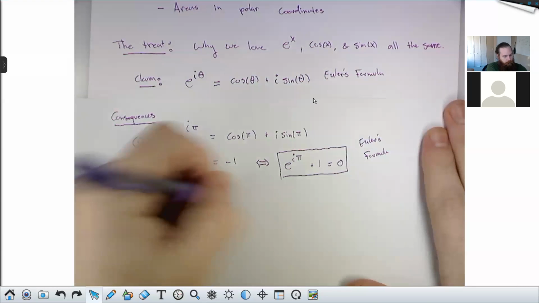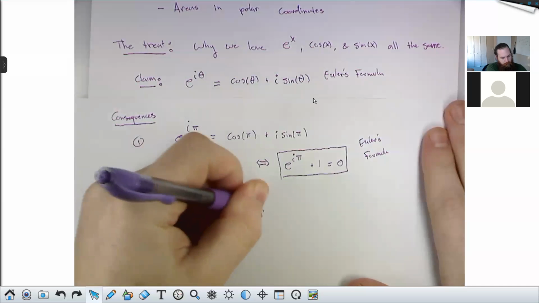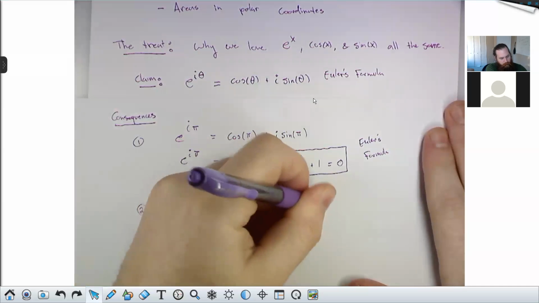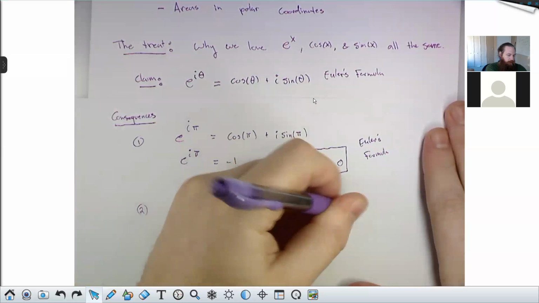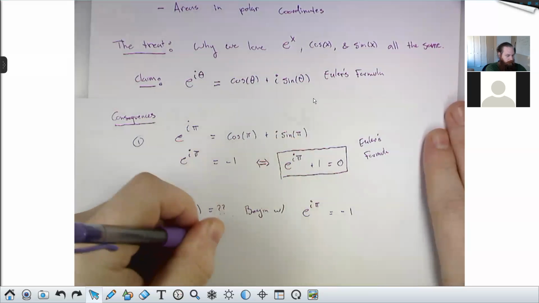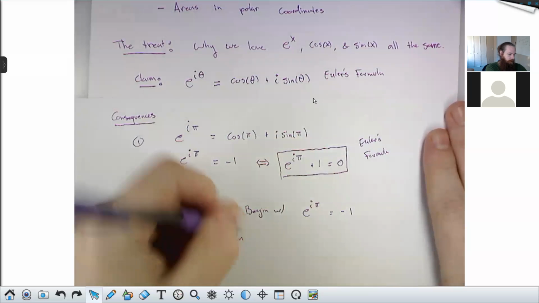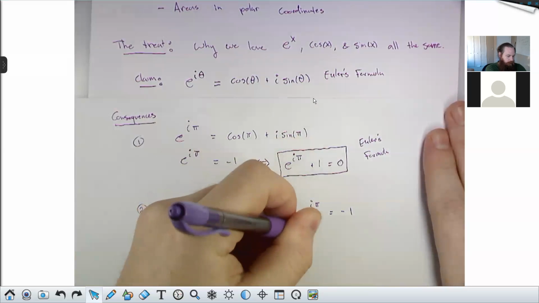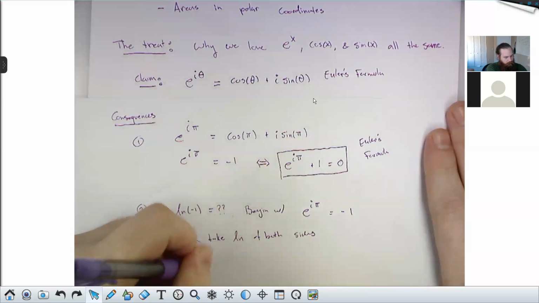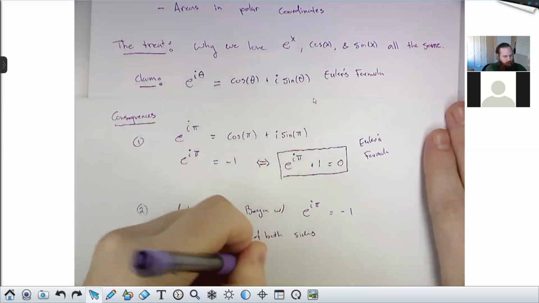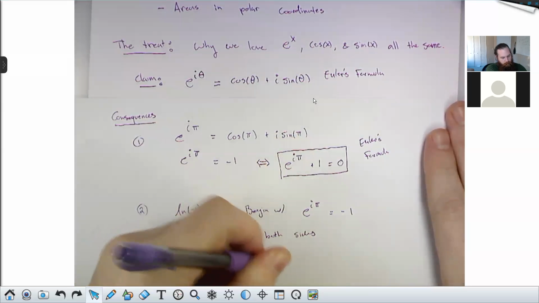Begin with e to the i pi equals -1 and take natural logs. Then you'll get the ln of e to the i pi equals the ln of -1.